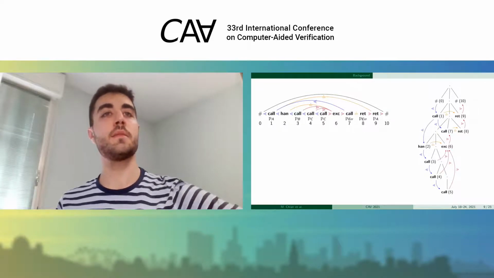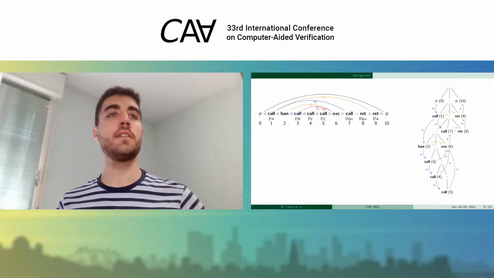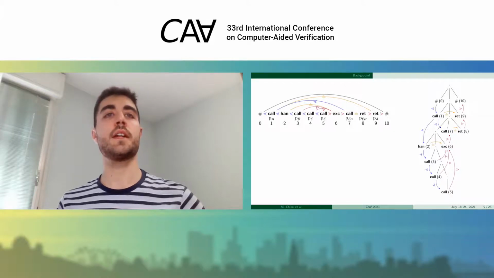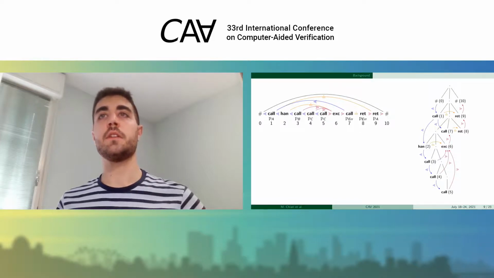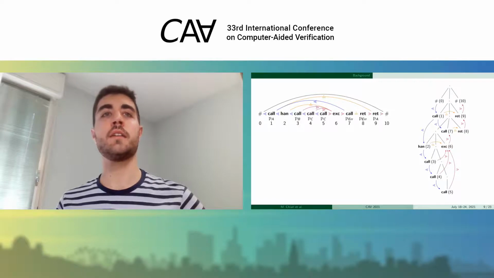So we can go on, and here on the right you can see the syntax tree of our word, where we highlighted precedence relation either between consecutive characters and characters linked by the chain relation. All the dots that you see here are internal nodes, and they are non-terminal symbols in a parsing setting. As you can see, they are anonymous and they are transparent during parsing. And that's why our nesting relation links them.